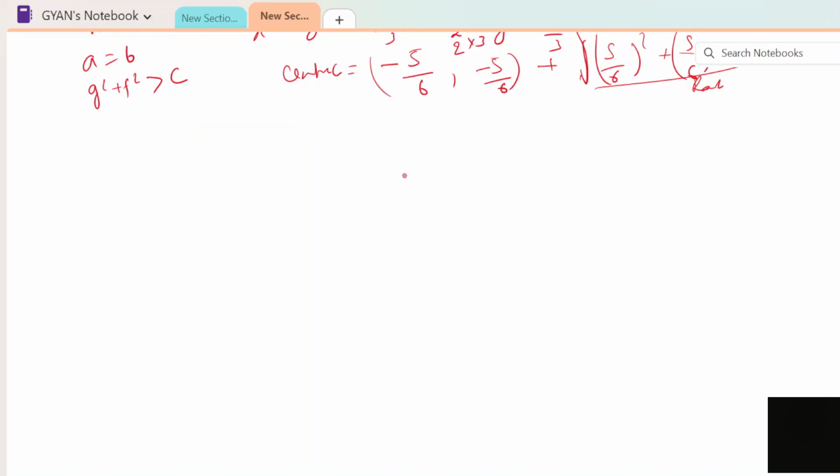So now come to some geometric things. Suppose one circle is touching the y-axis. So what will be the center? This coordinate is alpha.